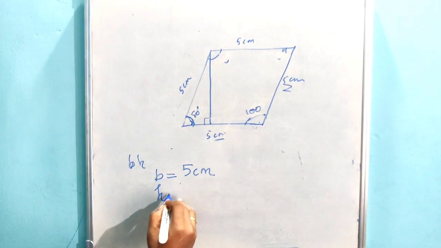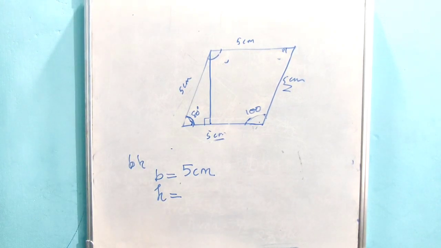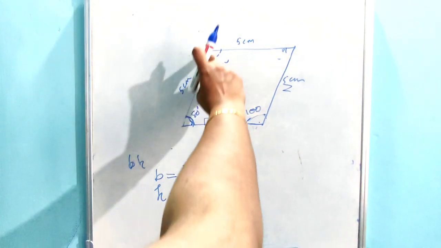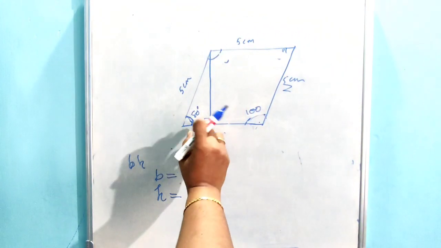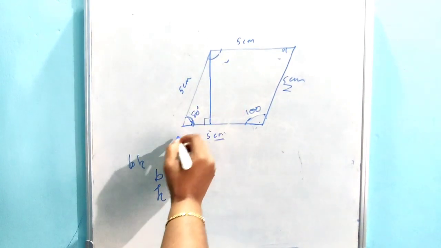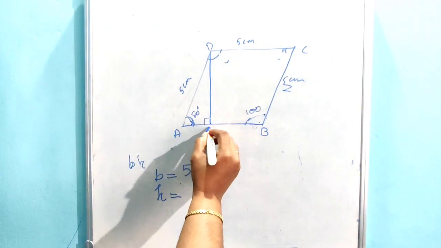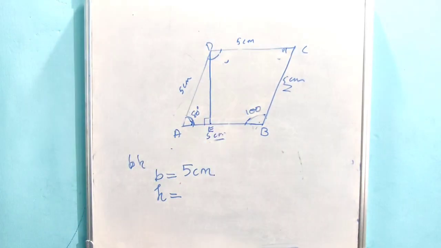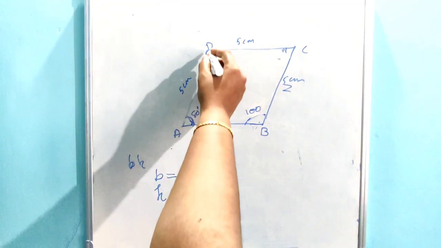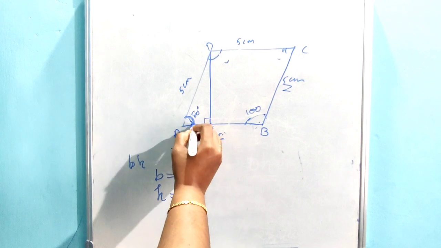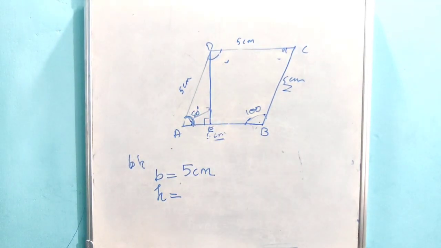Then how do we calculate H? Yes, using the sine value. If I name this as A, B, C, D and E, ED is the height of the rhombus. Then this ED is actually the side opposite to this 80 degrees. Right?